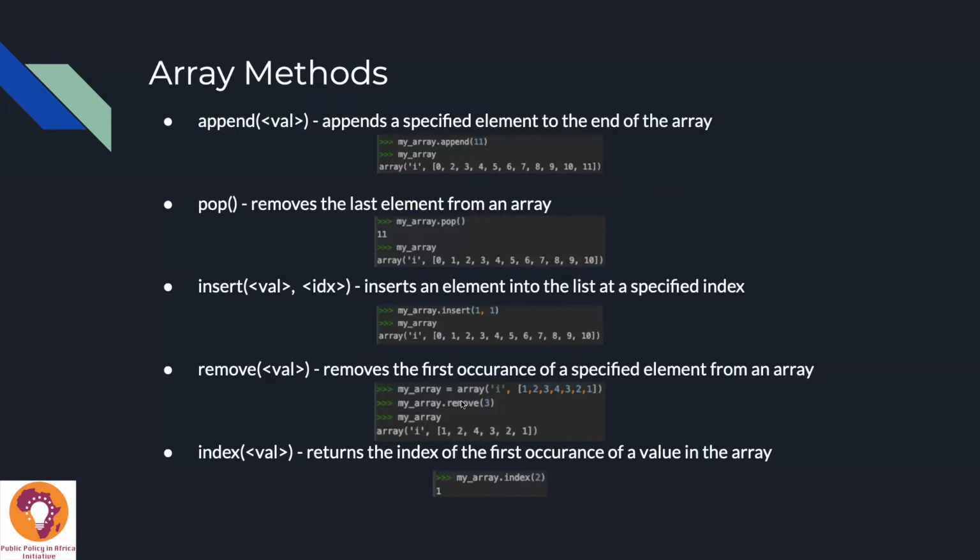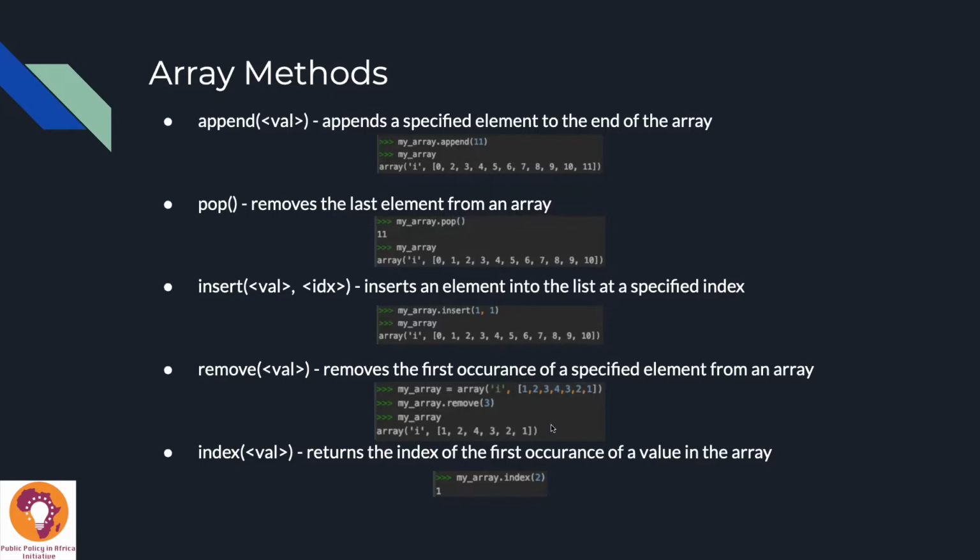So if I call the remove method on my array and I pass in the value 3, even though I have 2 3s in my array, it's only going to remove the first 3. So now when I output my array to the console here in my REPL environment, I'm only going to see 1 2 4 3 2 1. Notice it removed only the first 3 in the array.